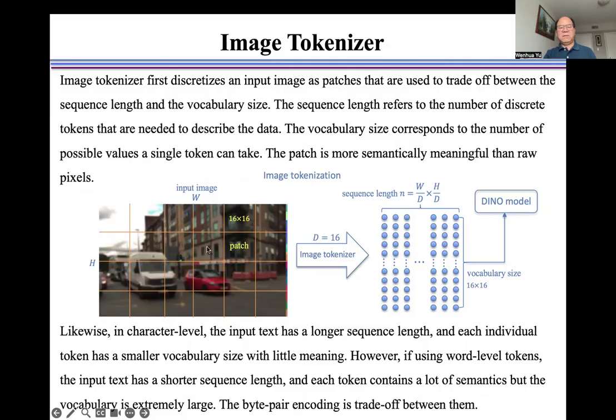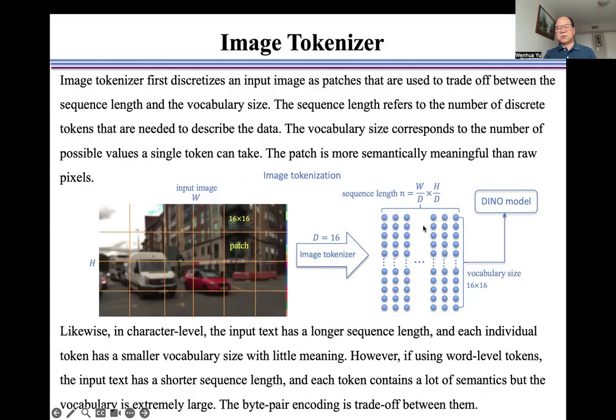This is the input image, and this is one patch with a resolution of 16 by 16. The image tokenizer uses this image as an input to generate the token vectors. This is the sequence length, and this is the vocabulary size.